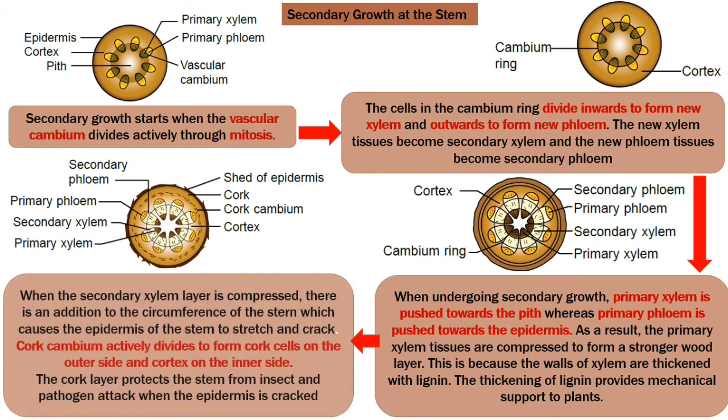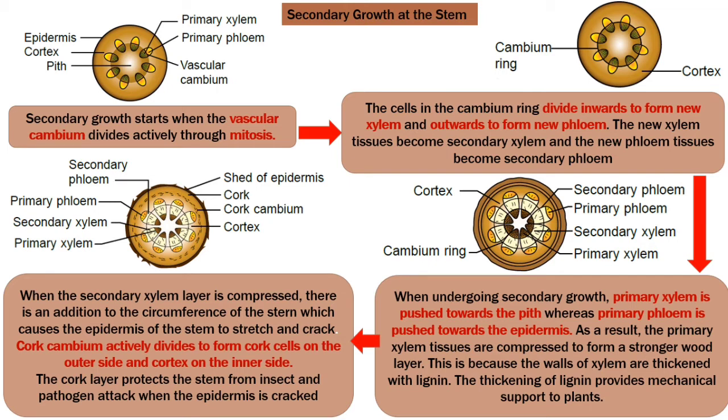After that, when the secondary xylem layer is compressed, there is an addition to the circumference of the stem, which causes the epidermis of the stem to stretch and crack. The cork cambium actively divides to form cork cells on the outer side and then cortex on the inner side.